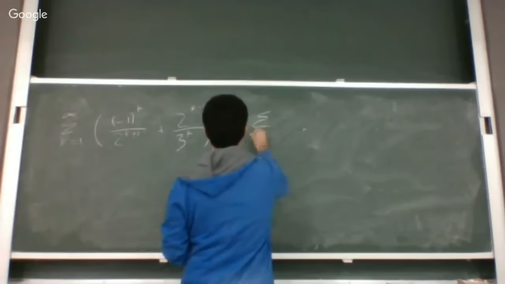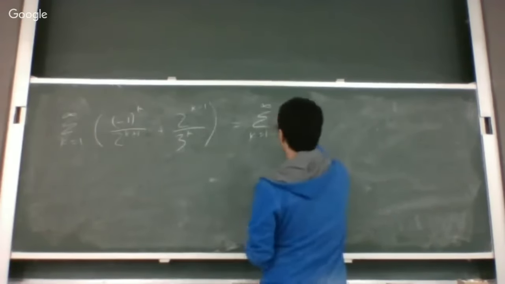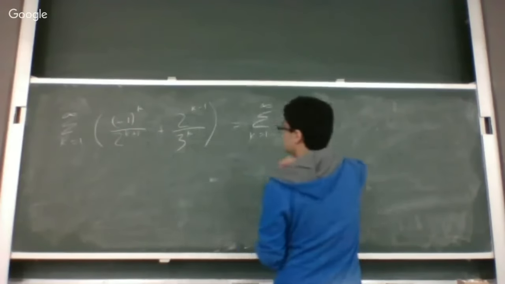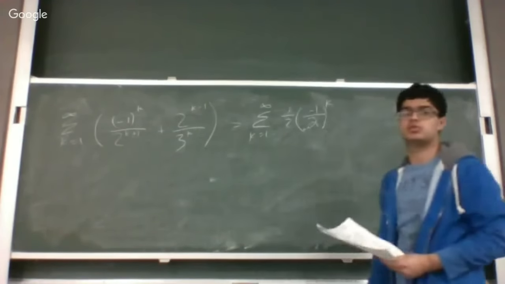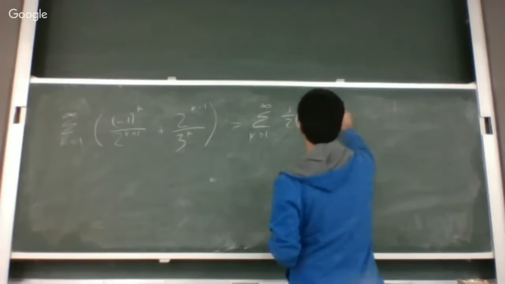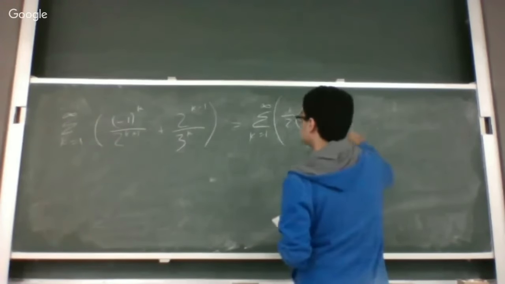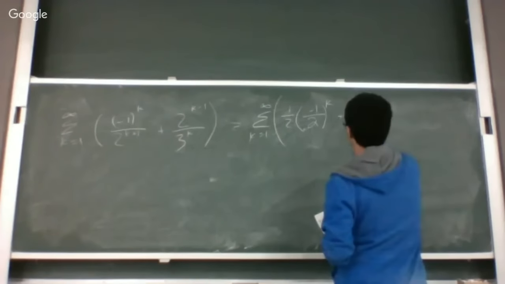So the summation of k equal to 1 to infinity: we have 1/2 times negative 1 over 2, and that quantity is to the k power. And we still need to add the second part, plus we have 1/2.